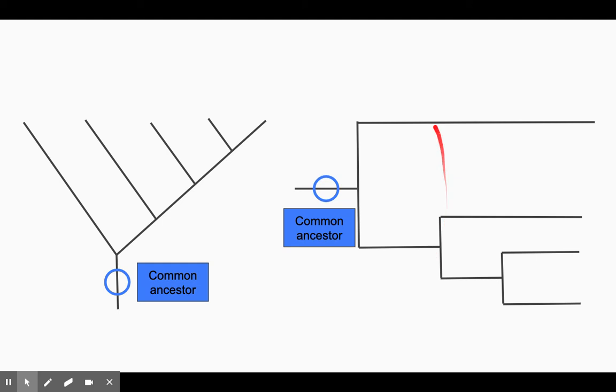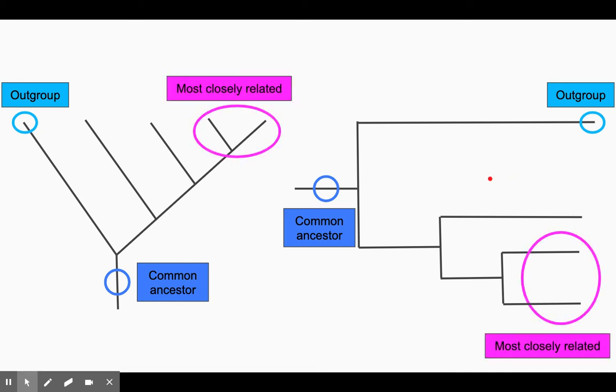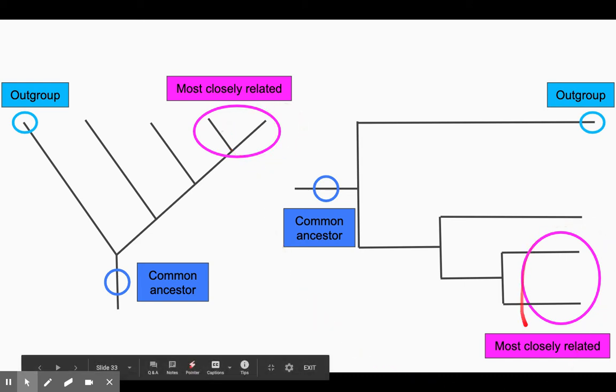This is the other way. So common ancestors go at the bottom. Then you have your outgroups, which are the least closely related species to everything else. And then we show the most closely related species at the top of our phylogenetic tree, or in this case, it's at the bottom. But that's because these two share all of this history. And these two share all of this history.